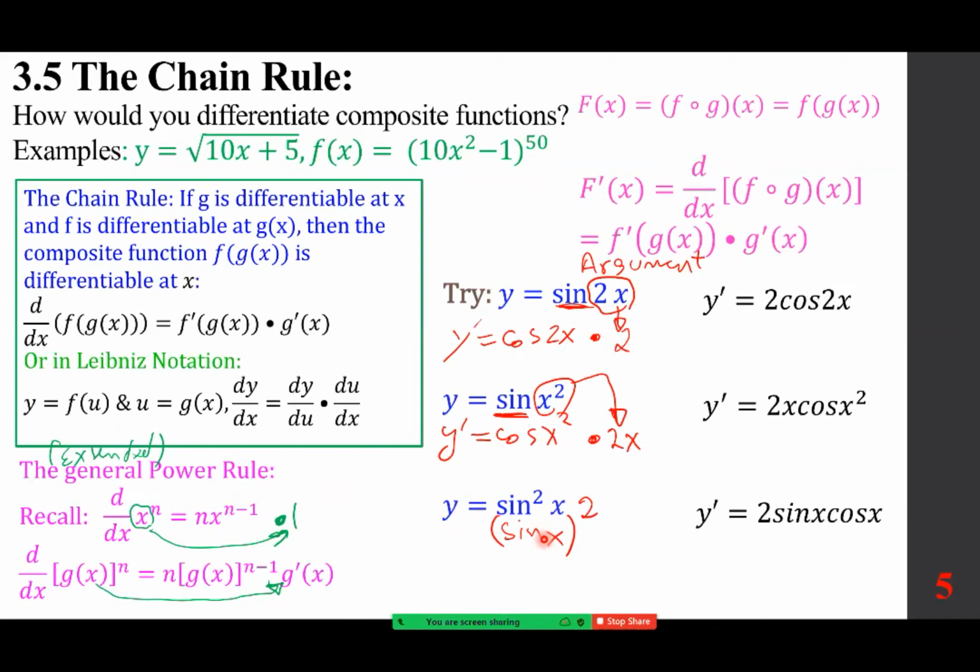Some of you may know this is equal to sine 2x, but that's fine, we don't have to write that. So I hope you go over the 3 again and you can distinguish among those, because they really help us understand what's going on here as far as the chain rule is concerned.